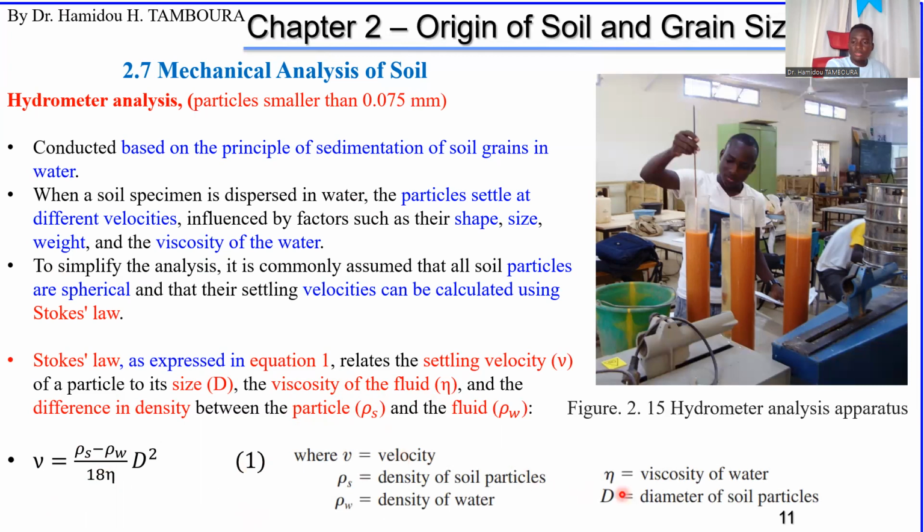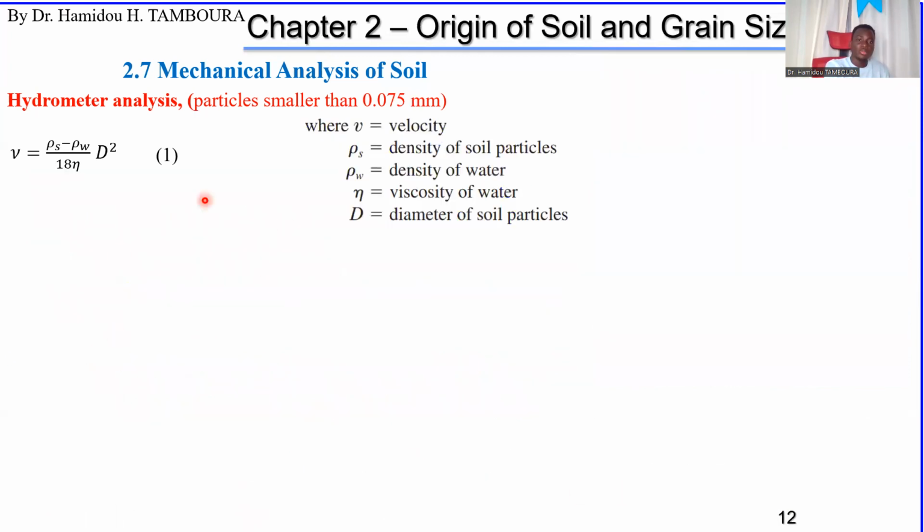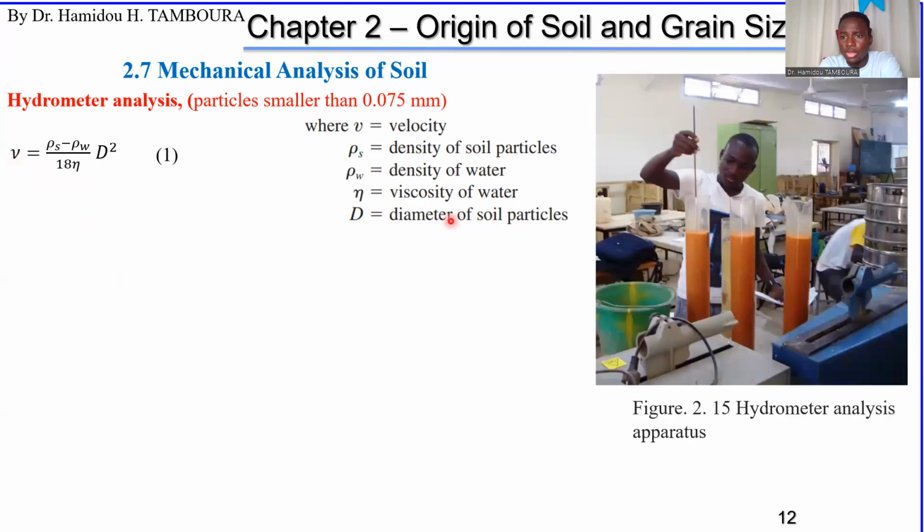Let me put this formula up here because we will use it. So if you have this formula, velocity means the speed with which the soil particle will be going down. If a soil particle is here, what is the settling speed from the top to the bottom?